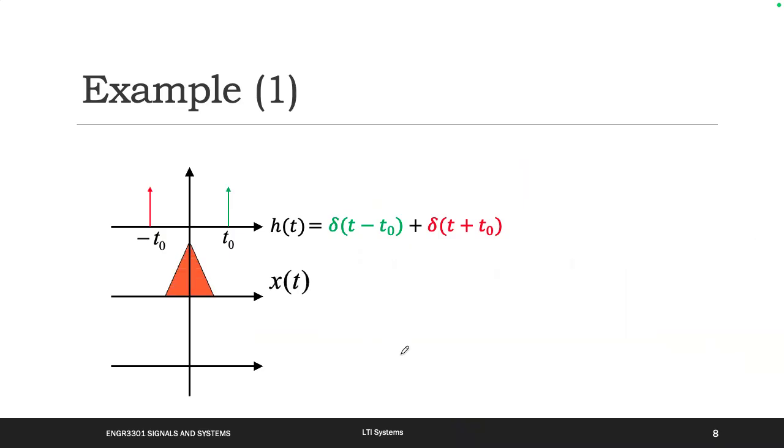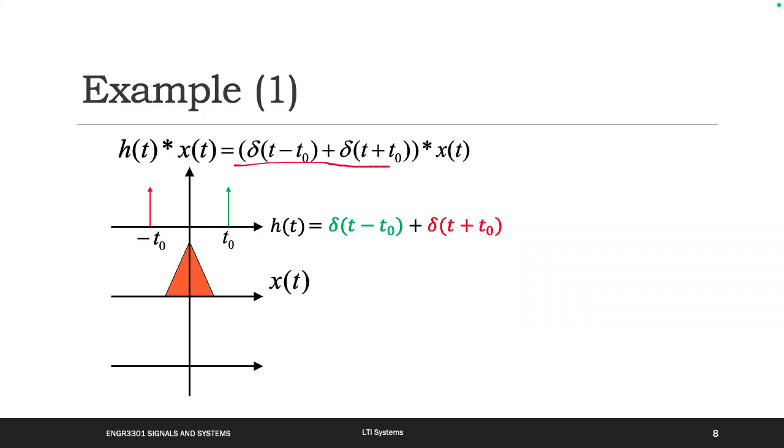Then h(t) convolved with this input equals this one, because this is just h(t) and this is h(t). Am I right? What property do we use here? Yeah, you're right, the shifting property.